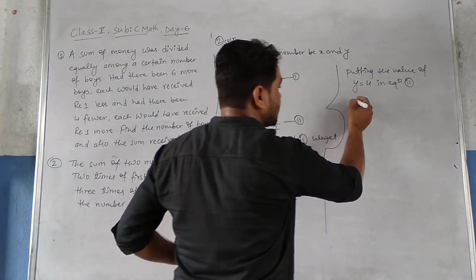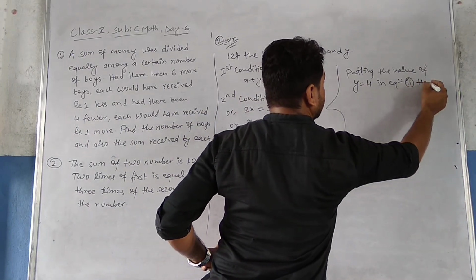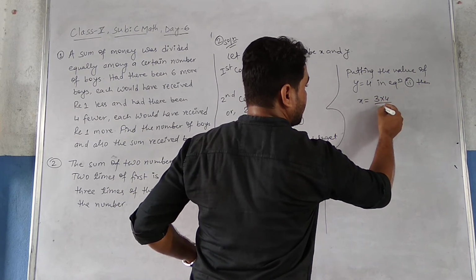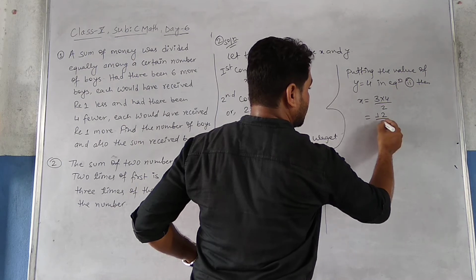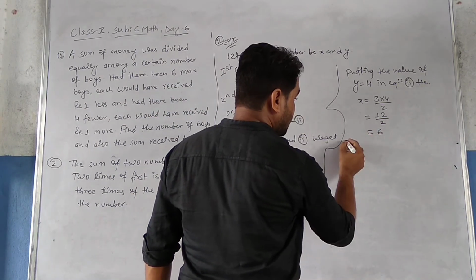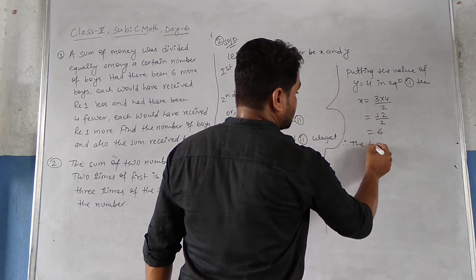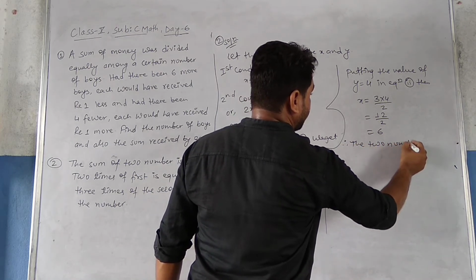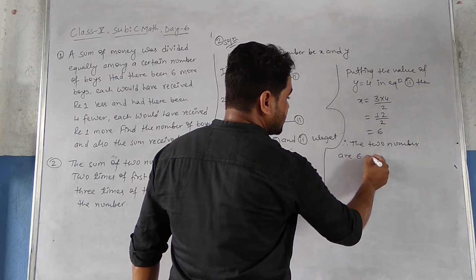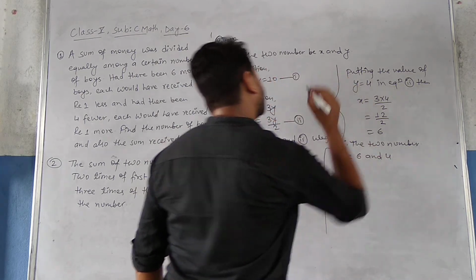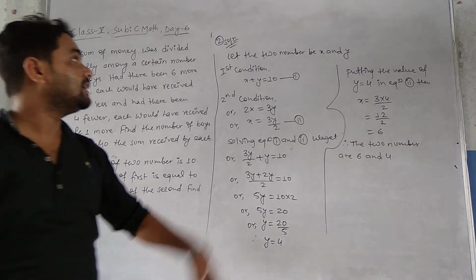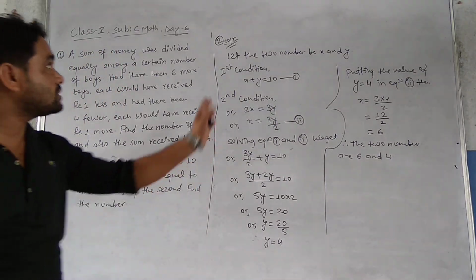So in equation second, x equals 3 into 4 by 2, that means 12 by 2, that is 6. Therefore the two numbers are 6 and 4. If you put these values in equations first and second, they satisfy them. And this is question number 2.